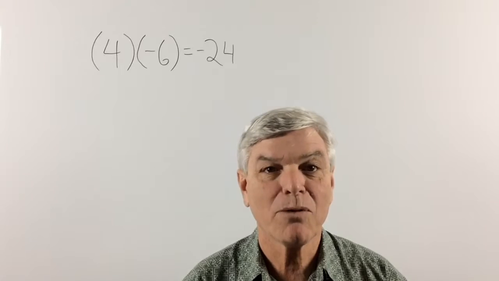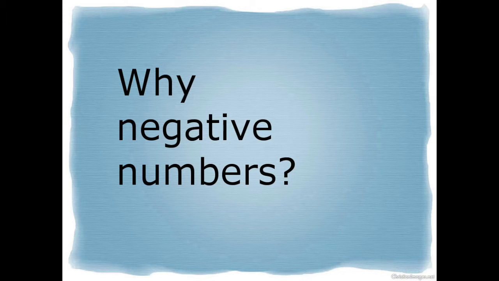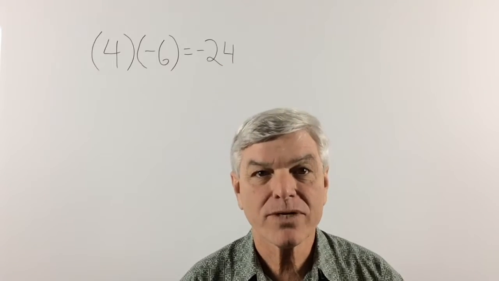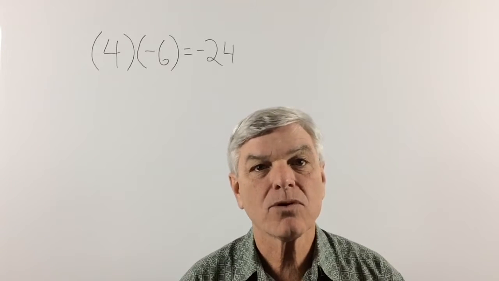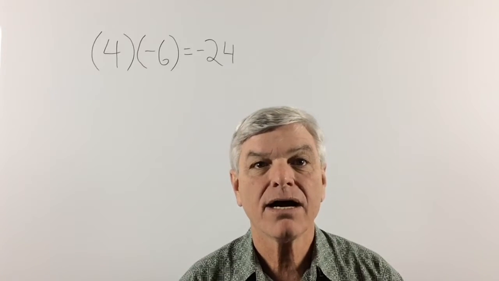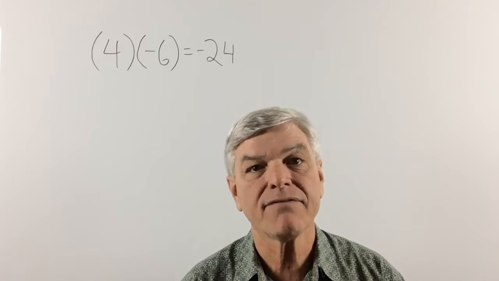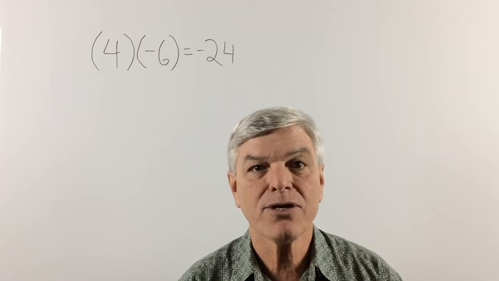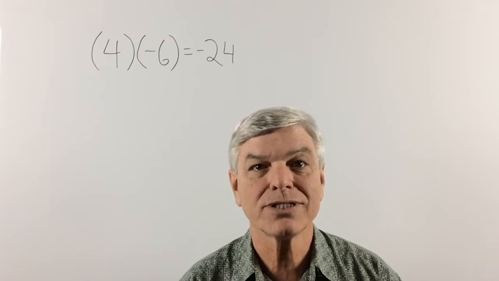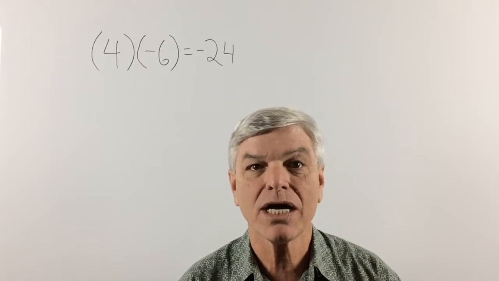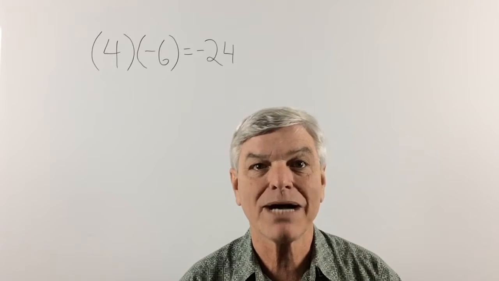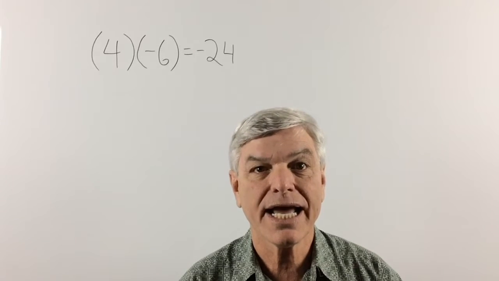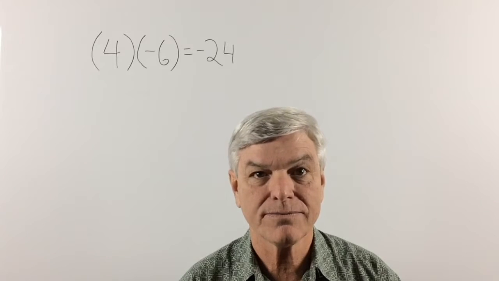Now let's stop for a moment. Why do we have negative numbers? There are a variety of reasons why we have negative numbers. One of the most important is to keep track of information coming in and information going out, usually money. If you go to the bank and you deposit $100, your account will say positive $100. If you take out $6 the next day, it doesn't say 100 plus 6, it says 100 minus 6, or 100 negative 6, $94.